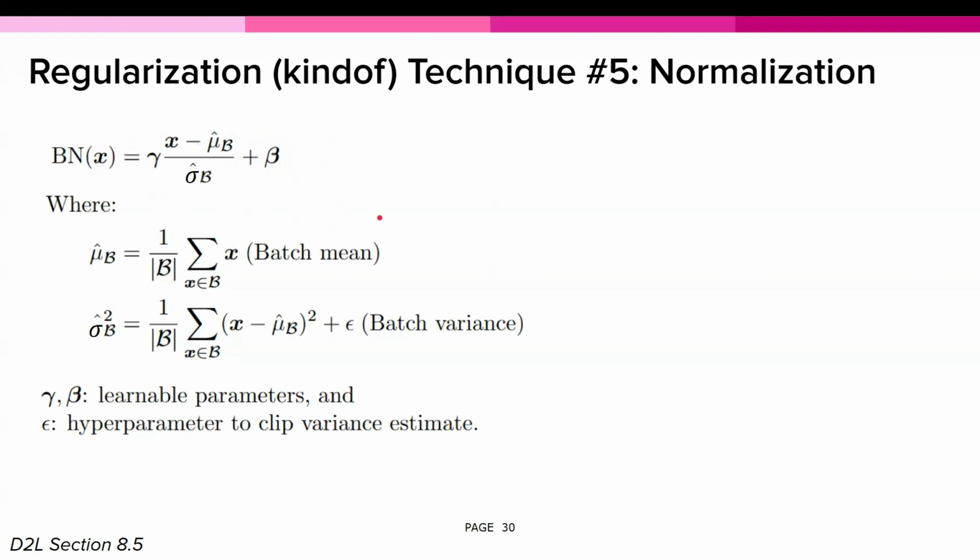And as I said, normalization can act as a kind of regularization. By normalizing each mini batch independently, we're introducing slight variations or noise into the activations across batches. And that helps prevent the model from memorizing specific patterns, and can reduce overfitting a little bit, similar to how dropout works.